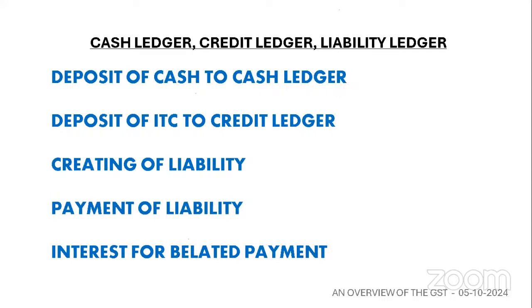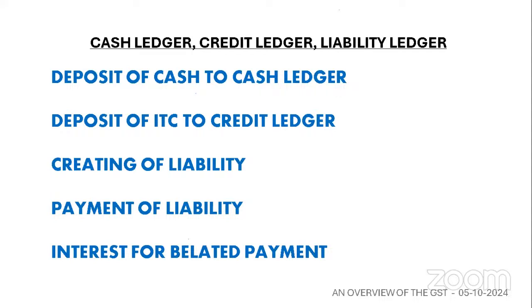So you have to manually transfer funds from either the cash ledger or credit ledger, whichever ledger you want to use. From these two bank passbooks, you have to transfer money to the liability ledger so that the liability gets to 0.